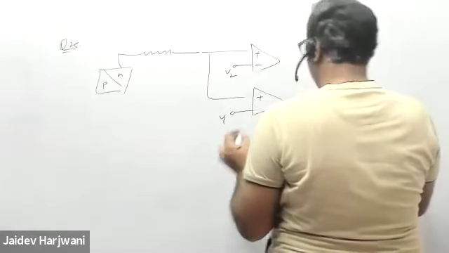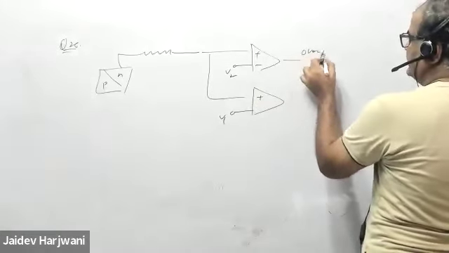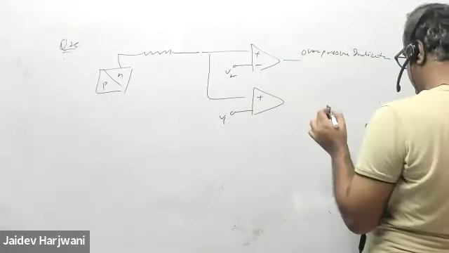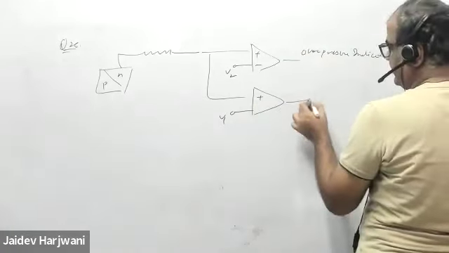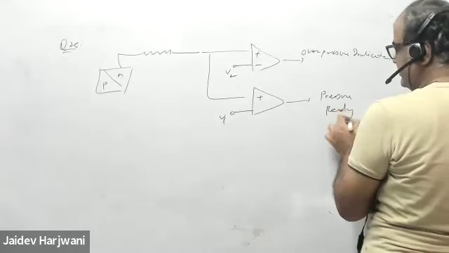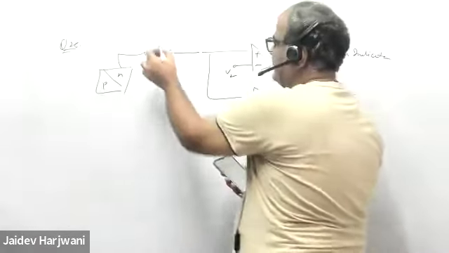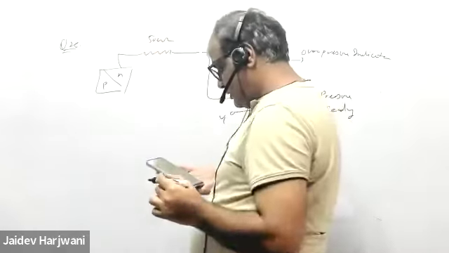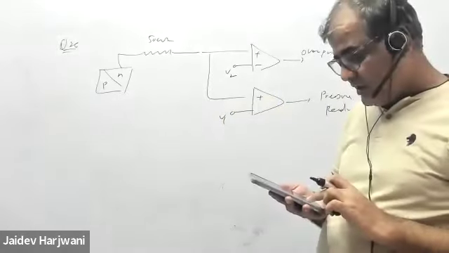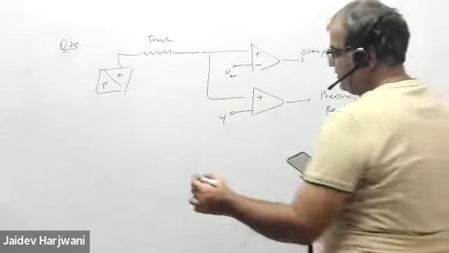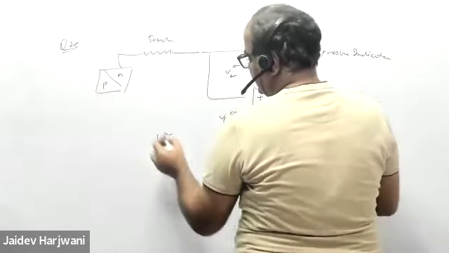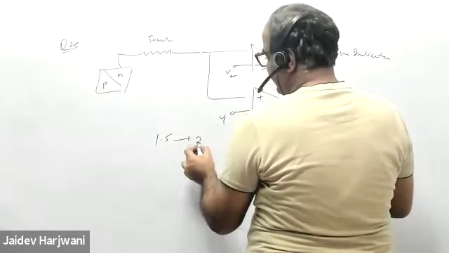This is the overpressure indicator, and this is your pressure ready indicator. And this is given 500 ohm. The question says the pressure of the gas in the vessel needs to be maintained between 1.5 to 2.5 bar. This is a vessel. The pressure should be 1.5 to 2.5.